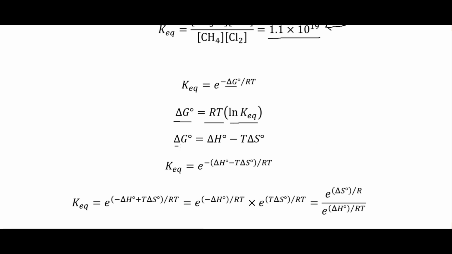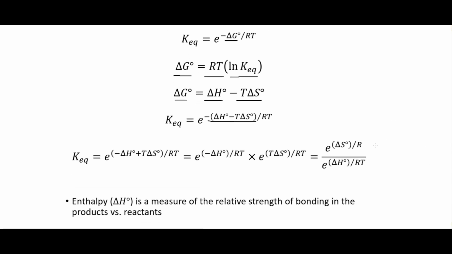And we also know that our Gibbs free energy is equal to our enthalpy minus temperature times the change in entropy here. And so we can then put that into our KEQ here for our delta G. So we do a little bit of mathematical manipulation here for that, and we end up with this right here. And so we see that if our delta S is positive, then the numerator gets larger, and so our KEQ gets larger, and so it's product favored.